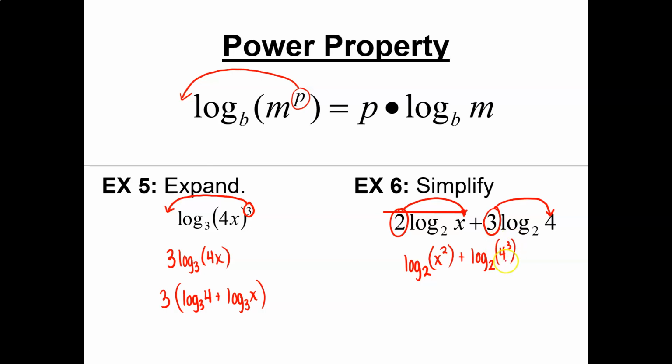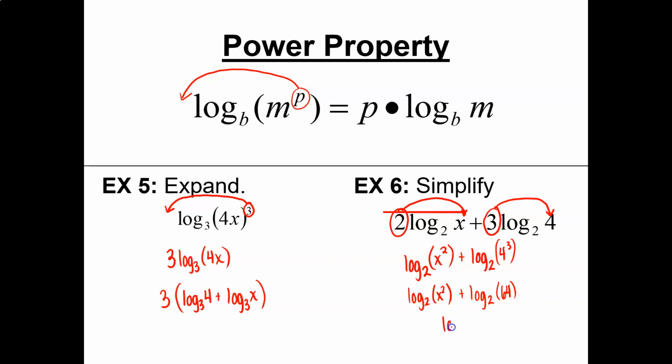Okay, that is going to be 64. I'm going to write that. And then if I have addition, how do I combine that whenever I put this all together? Multiplication.